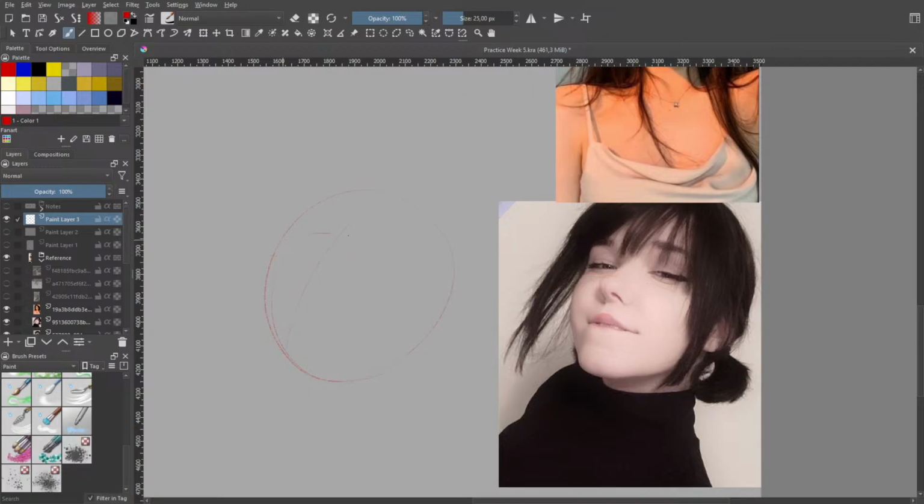Let's actually use this as the brow line here. Then we slightly dip in, slightly dip out, to make this a unified form, or a simplified form, rather. Something like this.